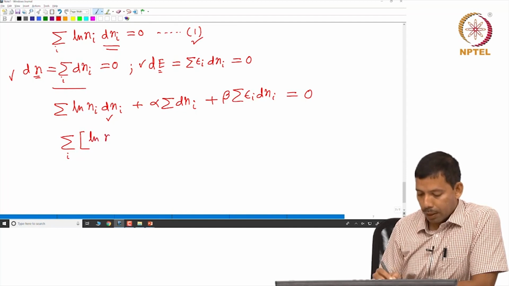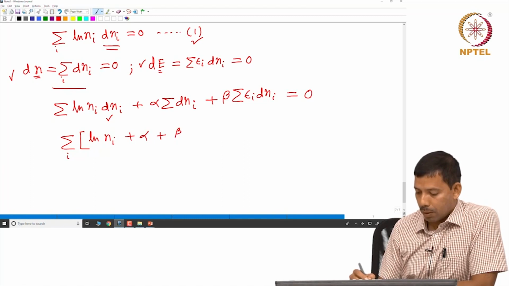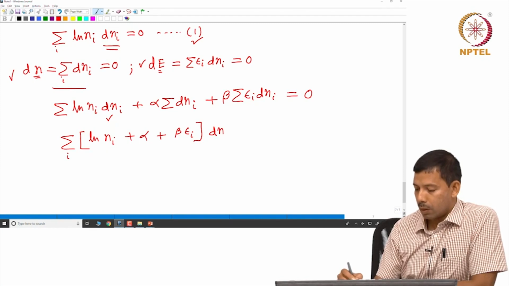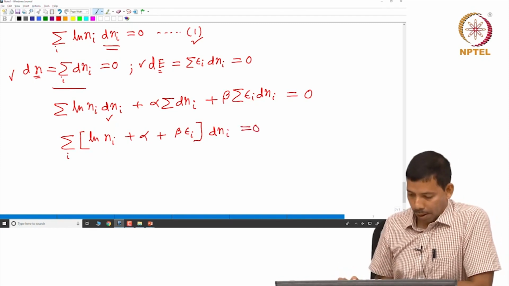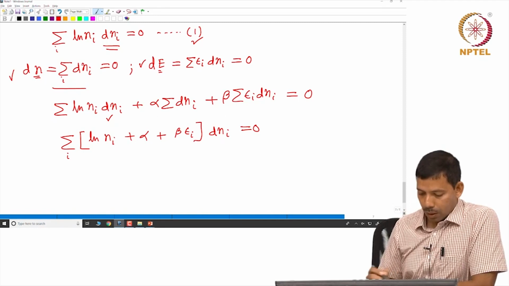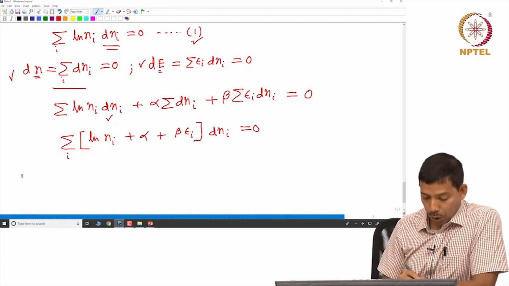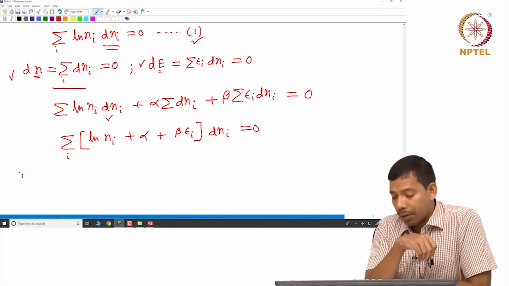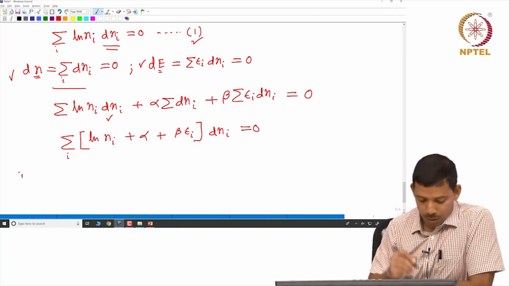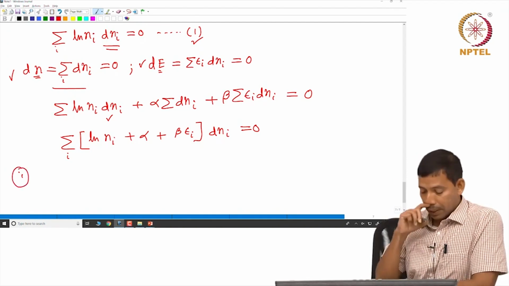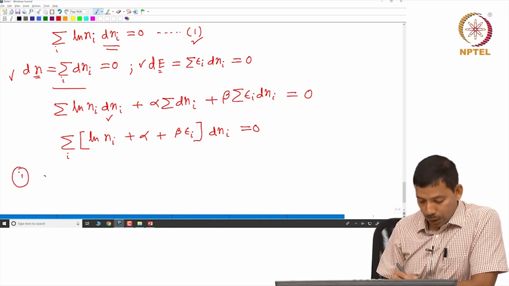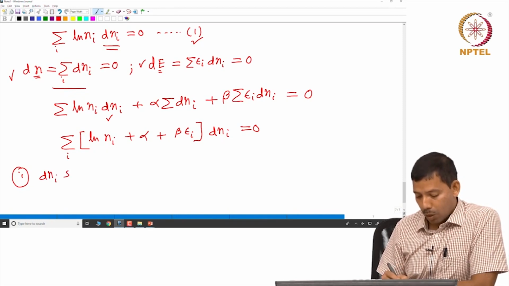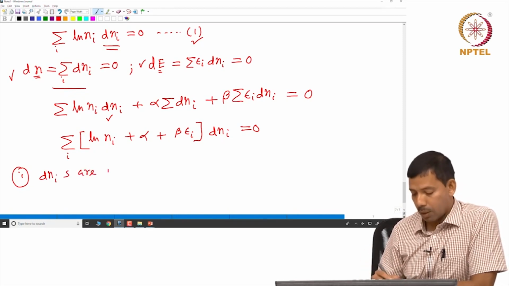Okay, so we can write this as sum over ln ni plus alpha plus beta epsilon i, times dni, is equal to 0. So now the restraining condition that the dni's are not independent is gone. Due to Lagrange multipliers, my dni's are now independent.